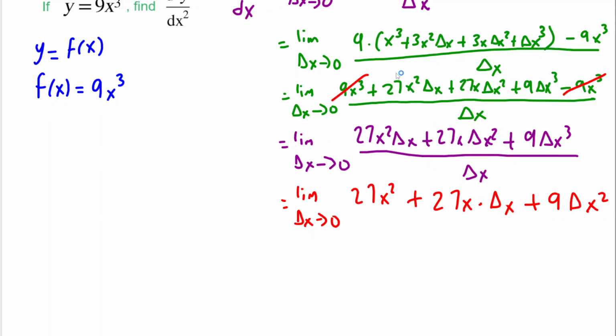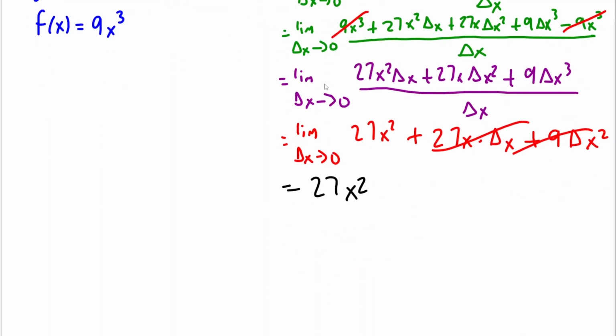Again, splitting these into two fractions and canceling out the delta x occurrences where they exist, and then reducing exponents. Okay, laws of exponents, stuff like that. So just algebra. Hopefully, you know how I got from this to this. And so now we can do direct substitution here. So delta x is 0, so this becomes 0, this becomes 0, and then we just get 27x squared.